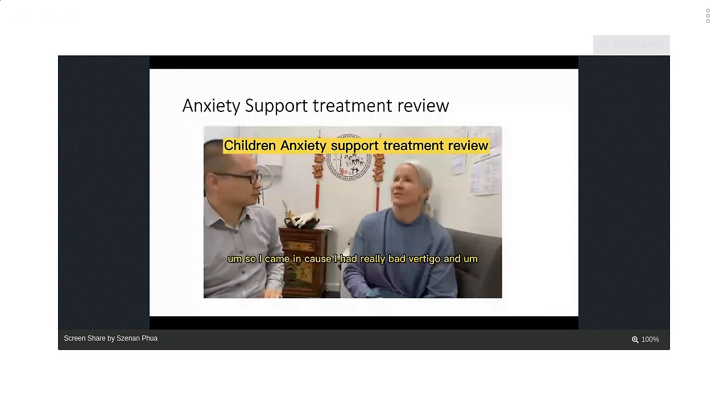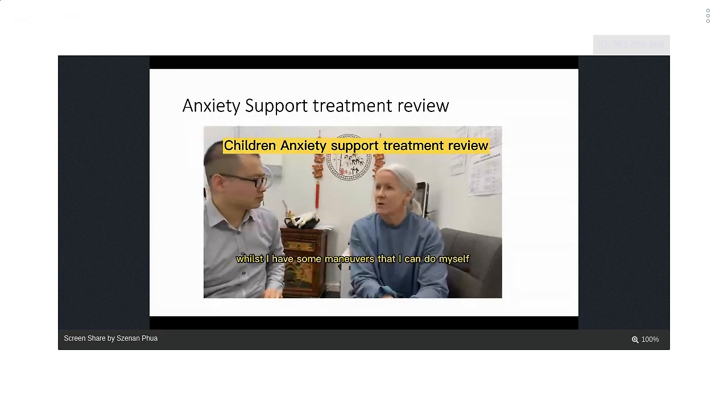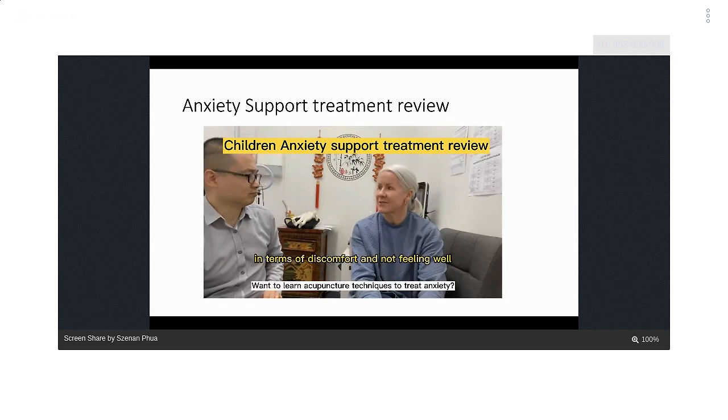So I came in because I had really bad vertigo, to the point where, whilst I have some manoeuvres that I can do myself, it was so bad that I couldn't even do those. And when I came into the clinic that day, I was probably like an 8 or a 9 out of 10 in terms of discomfort and not feeling well.